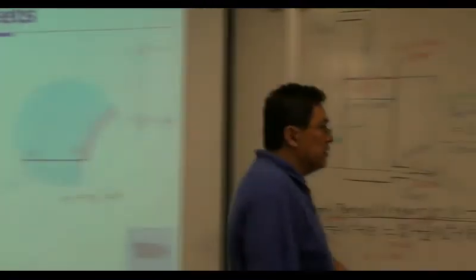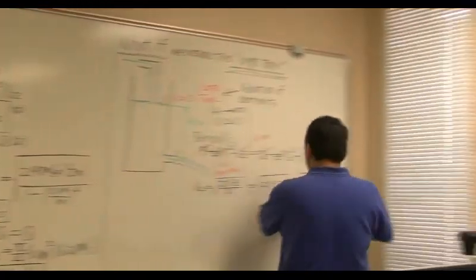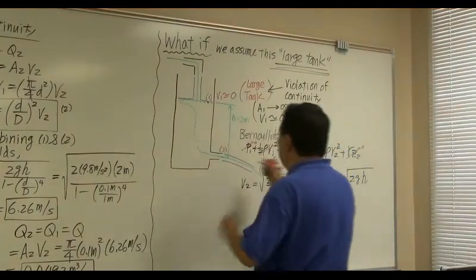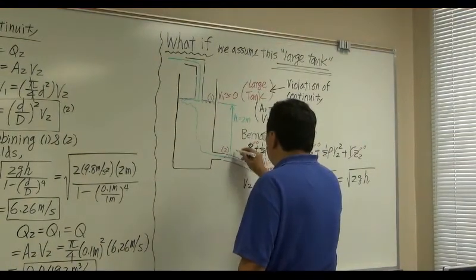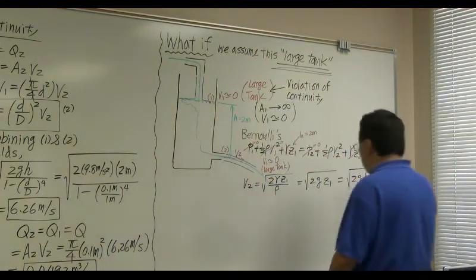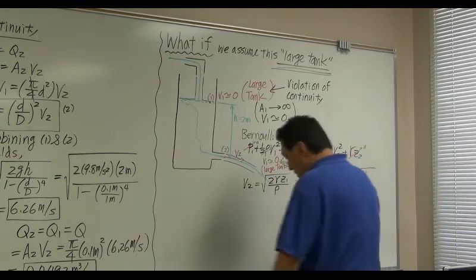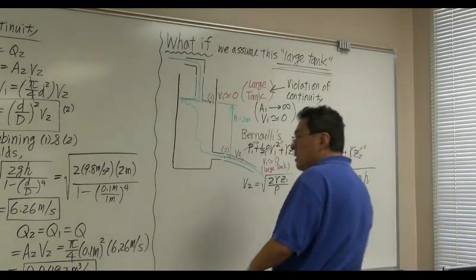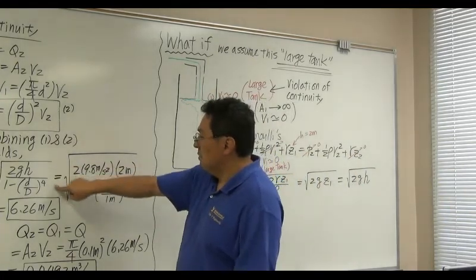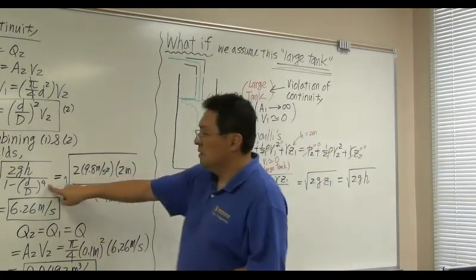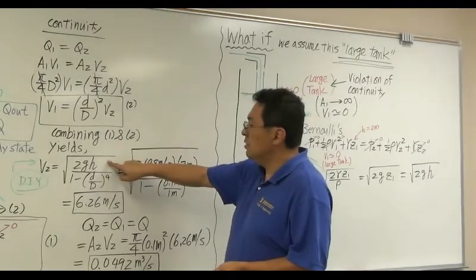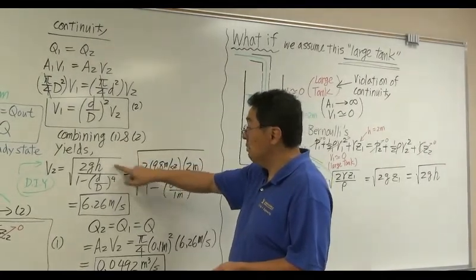So that's exactly what you're seeing here. So the velocity here, B2, is a free jet velocity. So if you plug in square root of 2gH, it's different from here. Okay? So if I do not assume a large tank, B2 is not the free jet velocity.